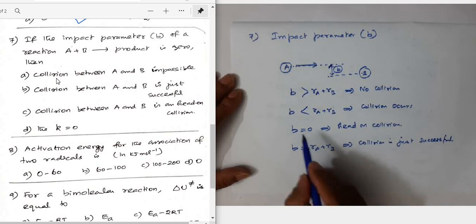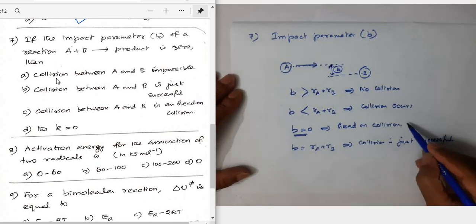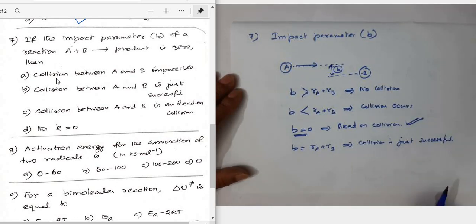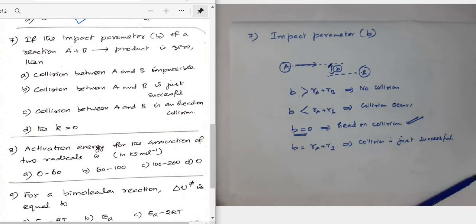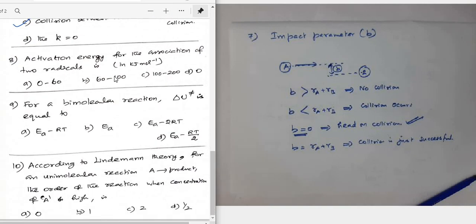So if impact parameter is 0, we call that collision a head-on collision. So the correct option for this question is option C. The collision between A and B is a head-on collision because the impact parameter is given as 0.